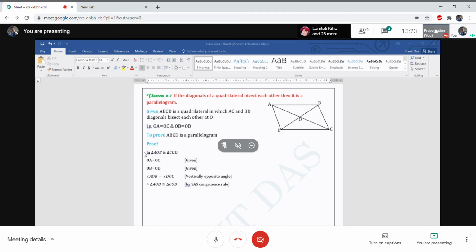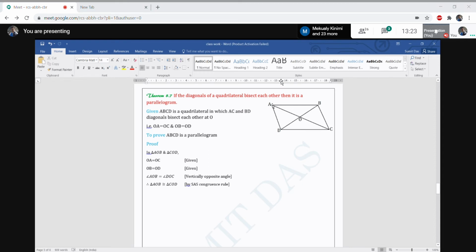So in the proof part, we look at triangle AOB and triangle COD. In these two triangles, we can see OA equal to OC, right? And OB equal to OD.